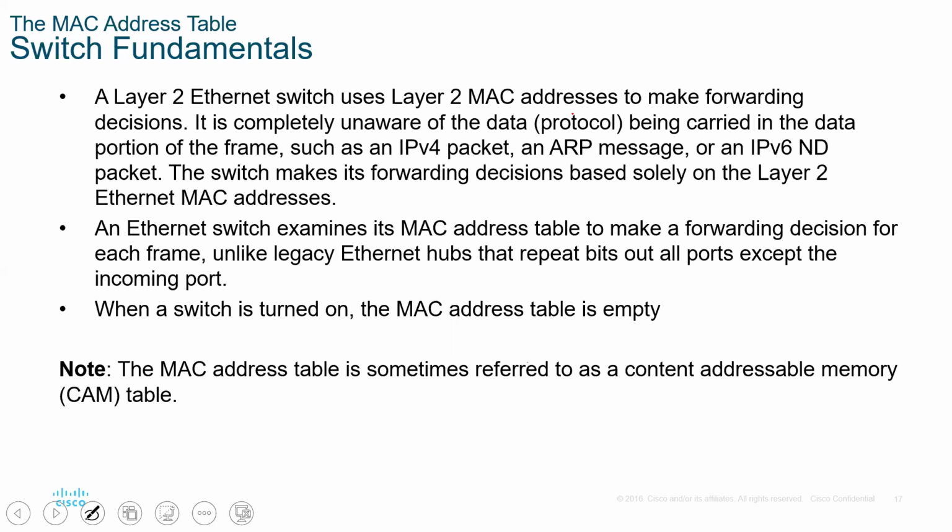So the switch makes its forwarding decision based solely on layer 2 Ethernet MAC addresses. Okay, so an Ethernet switch examines the MAC address table to make forwarding decisions for each frame, unlike legacy Ethernet hubs that repeat bits out all ports except the incoming port.